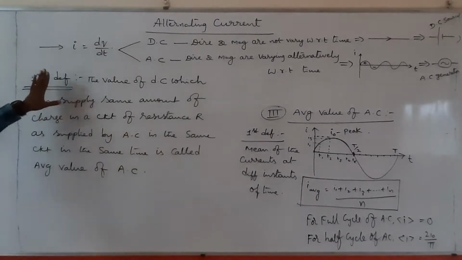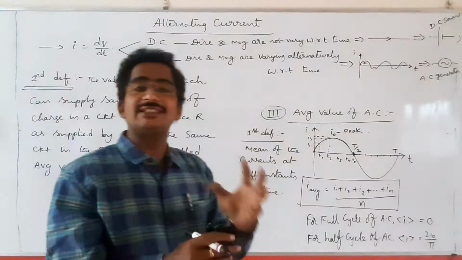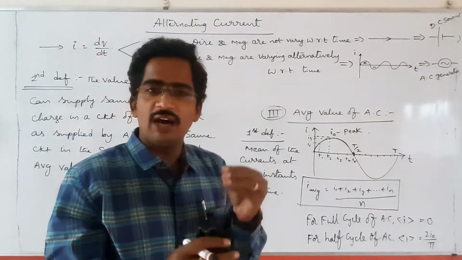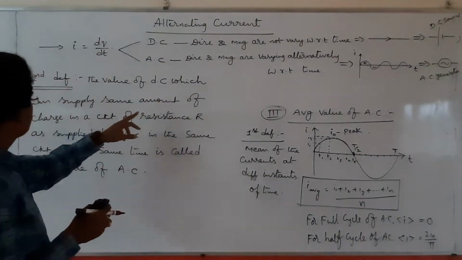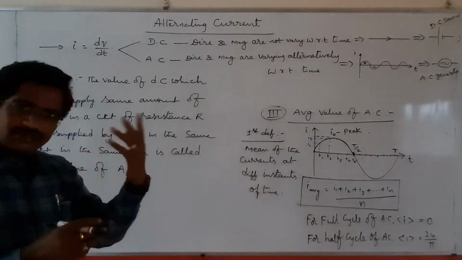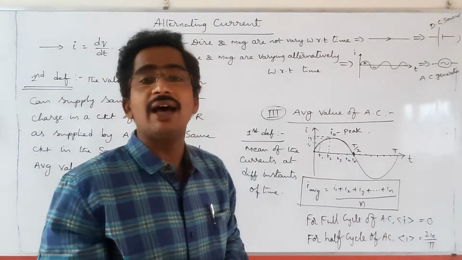First of all, understand its meaning. The value of DC which can supply the same amount of charge as supplied by AC in the same circuit in the same time is called the average value of AC.